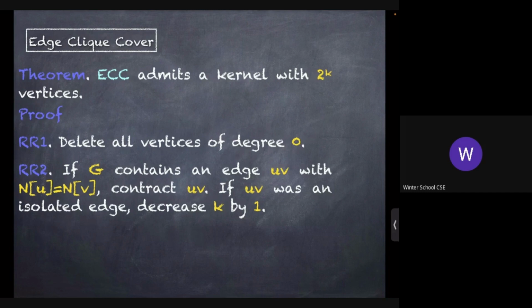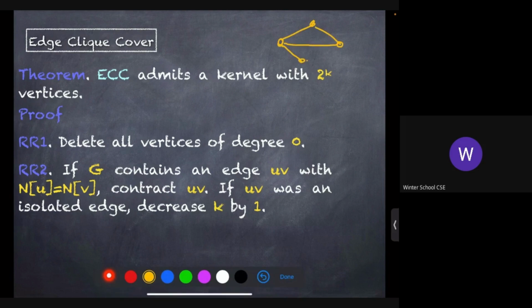And now the main reduction rule is the following. If I have an edge u, v such that the closed neighborhoods of its endpoints are the same, where the closed neighborhood is the vertex and its neighbors itself, so they are like total twins, right?